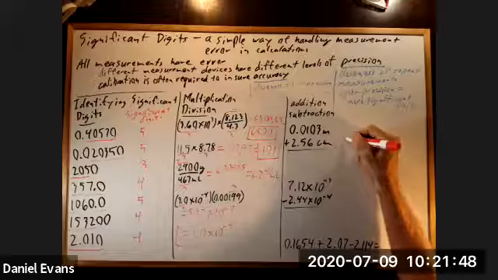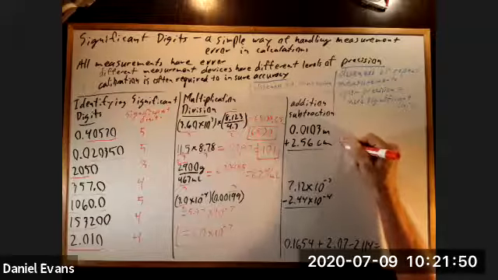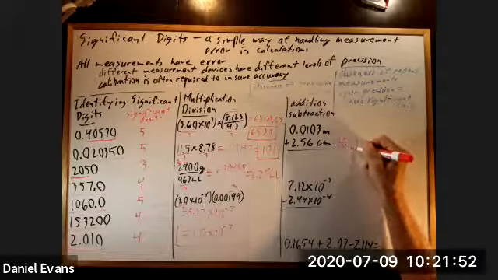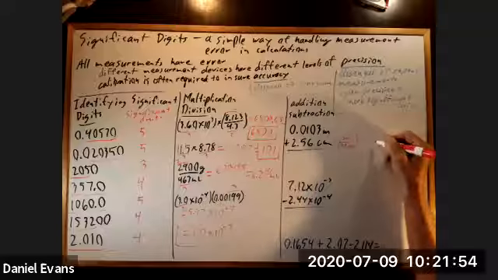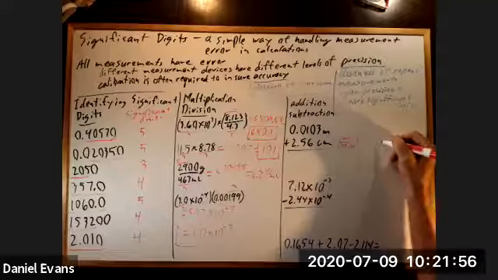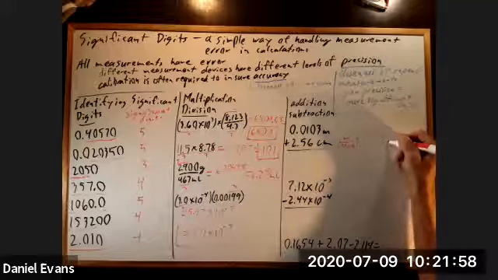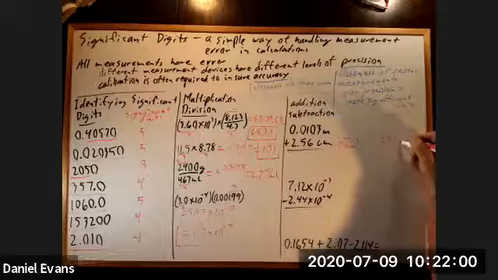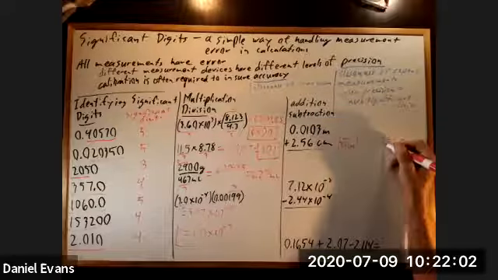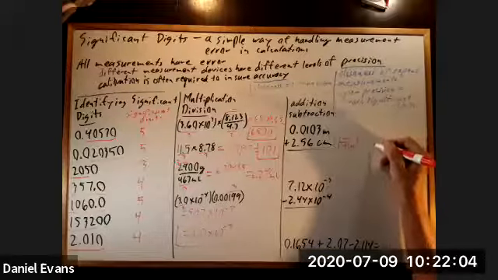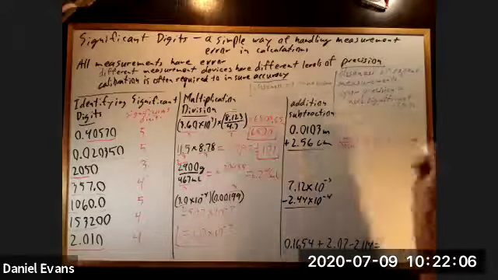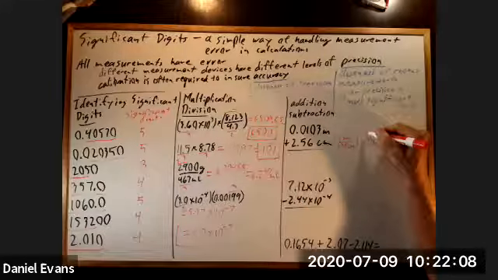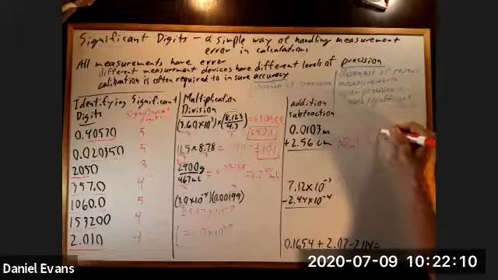So 1 meter is 100 centimeters. That moves our decimal point over by 2. So I'm seeing 2, 5, 6 would be meters. I go 1, 2, put the decimal point. We got 0.010.